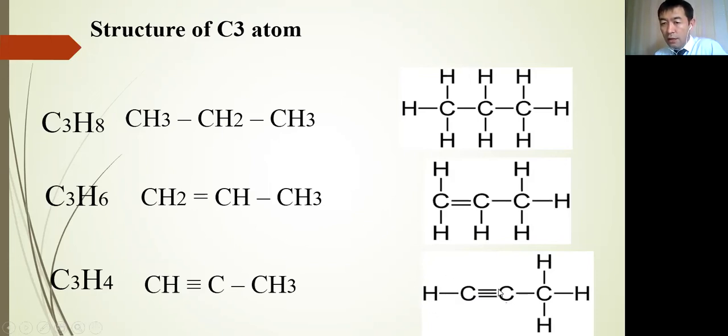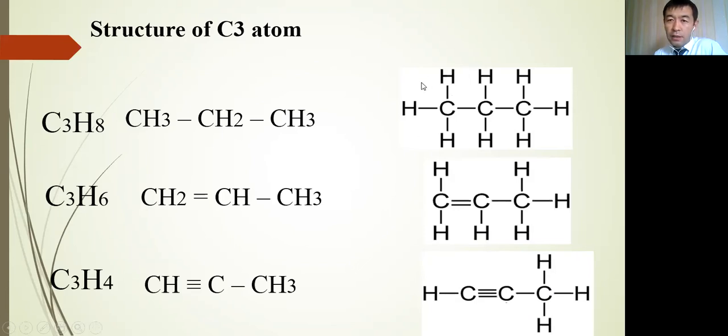And this carbon used 3 electrons here and used 1 electron here. So this carbon has no extra electrons to form another bond. This carbon now has 4 bonds. And this carbon used 1 electron here, and it can have 3 other bonds to form carbon-hydrogen bonds.